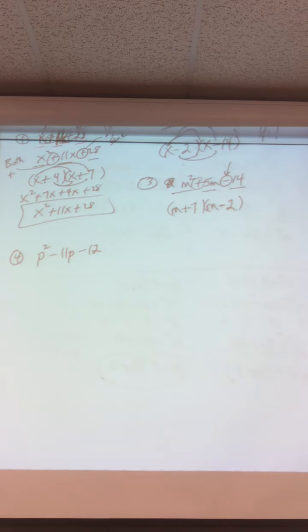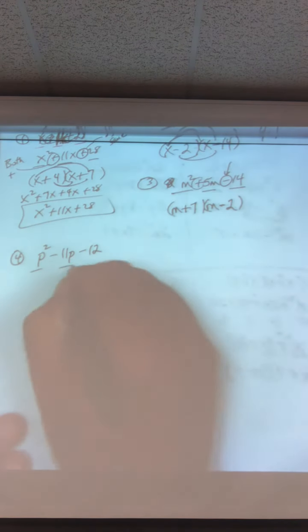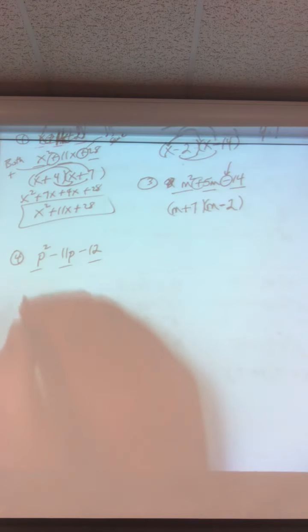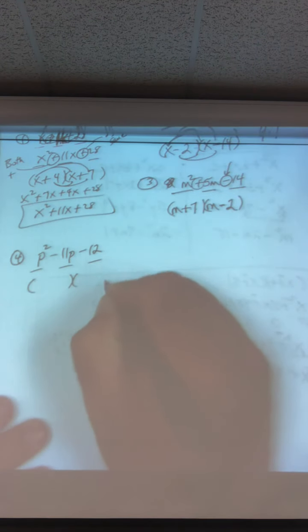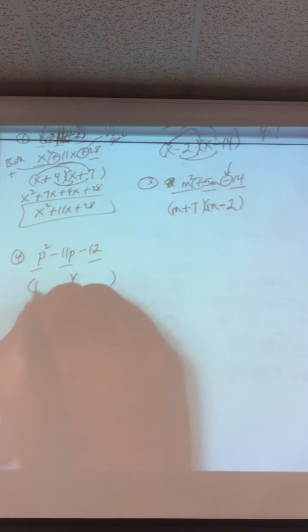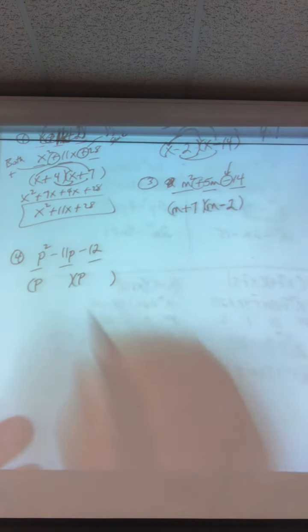GCF. This doesn't have one. Next, grouping. Grouping's not in play. So the only other option is for me to do my two sets of parentheses. Okay, how will the p squared break up? That's easy. P times p.